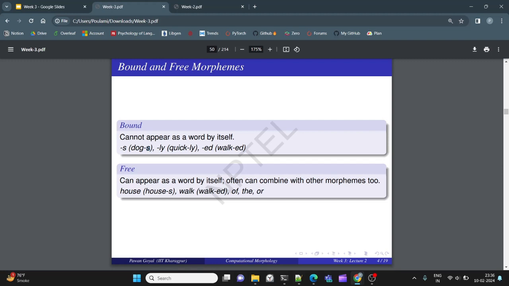Similarly, in quickly, this ly is a bound morpheme. Whereas free morphemes are morphemes which can appear as a word by themselves, and they also combine with bound morphemes. For example, in houses, house is the free morpheme. Walk is a free morpheme.